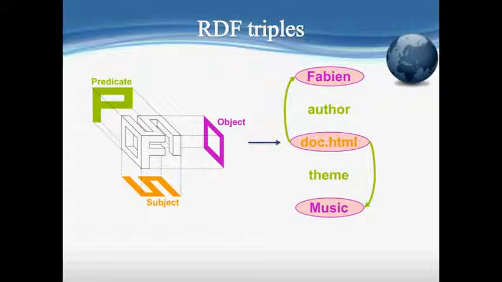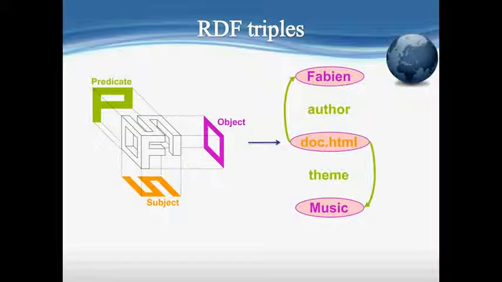So what are the RDF triples? This is a structure. It is, let's say, the format that we can use for structuring our data in the shape of linked data. So if you have a document, this document can be represented in, let's say, two triples.